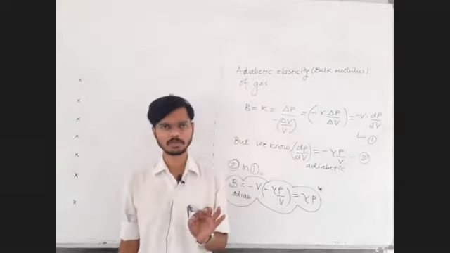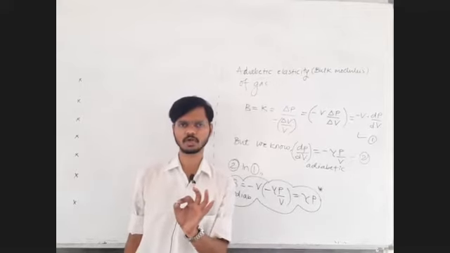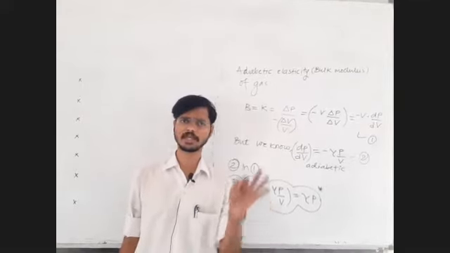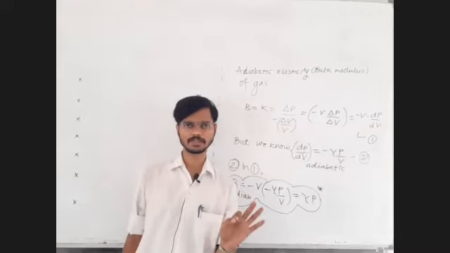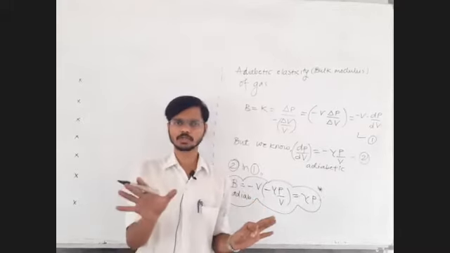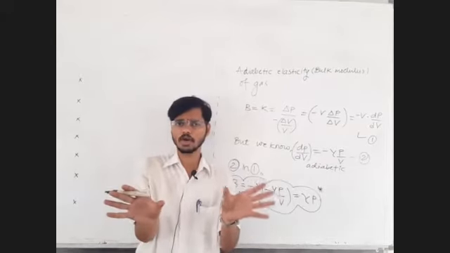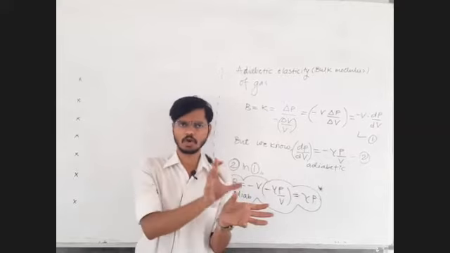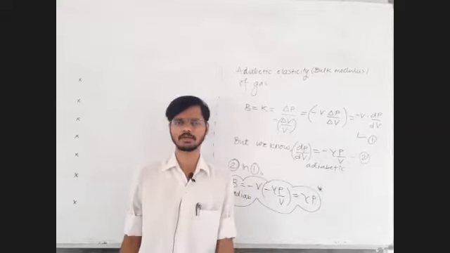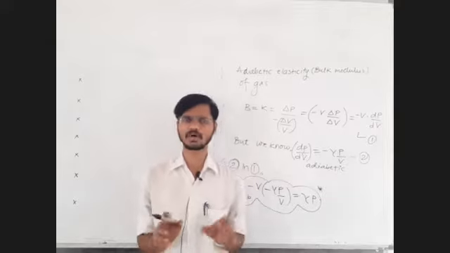In the isothermal process, work done is 2.303 nRT log to the base 10 V2 upon V1. Those students who don't want 2.303 and log 10 can use log to the base e, or you can say ln.